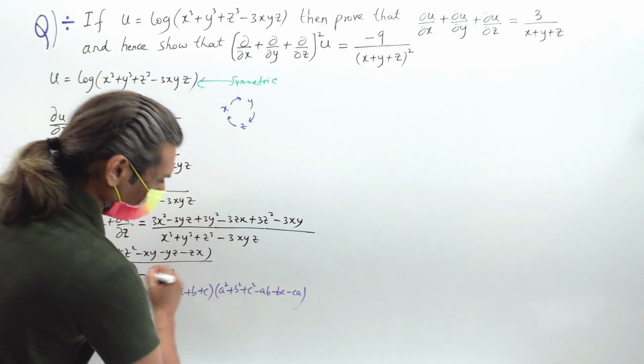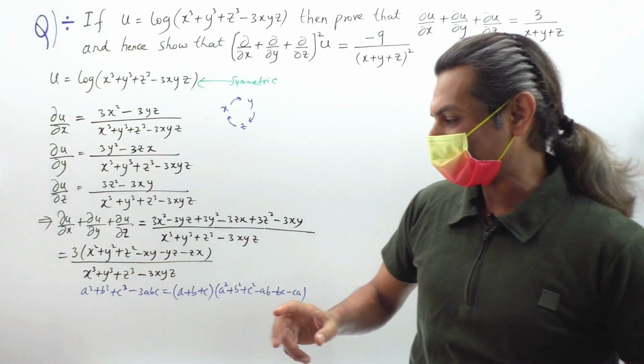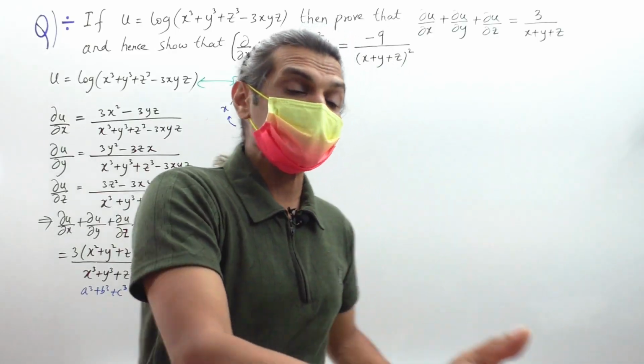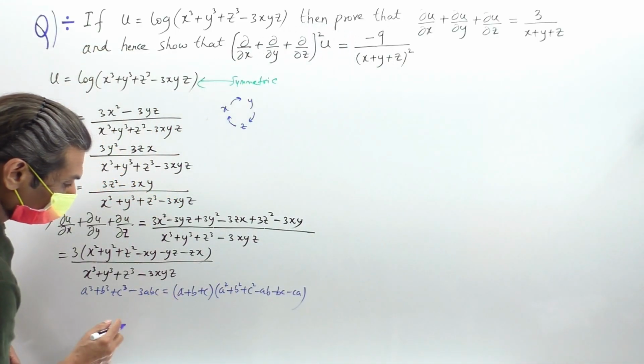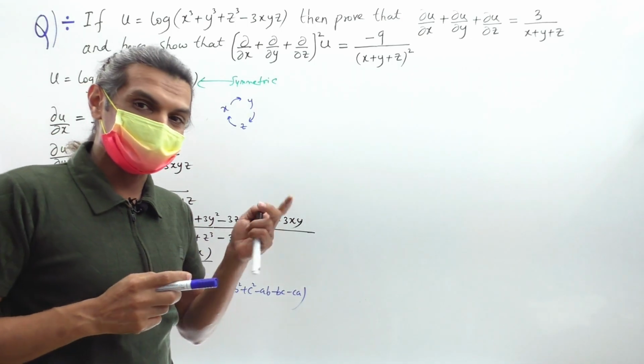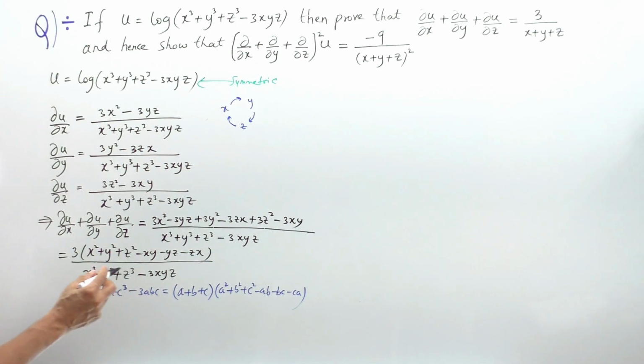By seeing this, I hope your memory is going back and you are able to recall this. What is that? a cube plus b cube plus c cube minus 3abc is equal to a plus b plus c into a square plus b square plus c square minus ab minus bc minus ca. So let's apply this here. If you apply it here, what do I get?